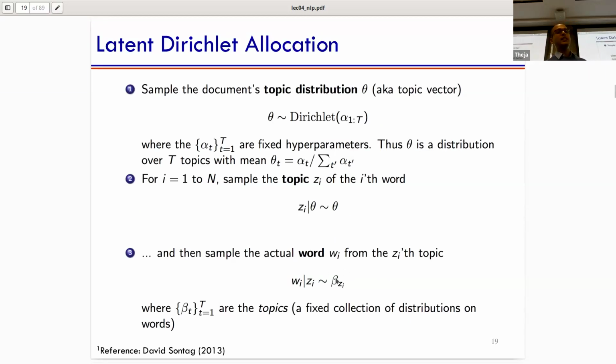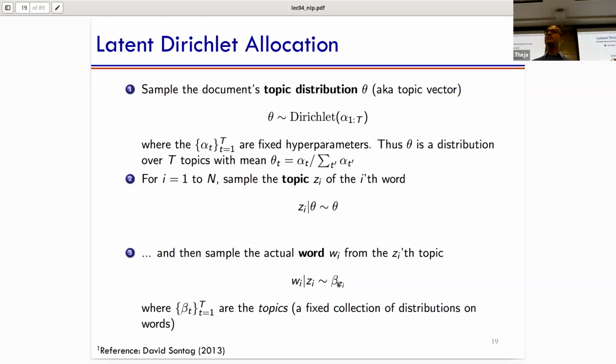So this beta is now another probability mass function. It's a part of my estimation. This beta is going to be a probability mass function over all the words in the dictionary. Let's say there are 50,000 words in the dictionary. Beta is going to be a distribution, a probability mass function over your dictionary, for each topic.